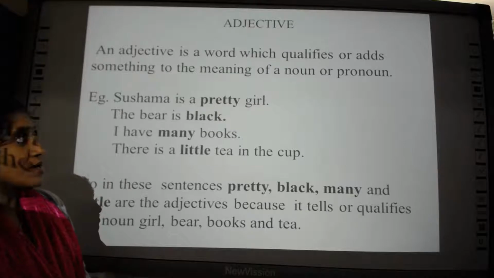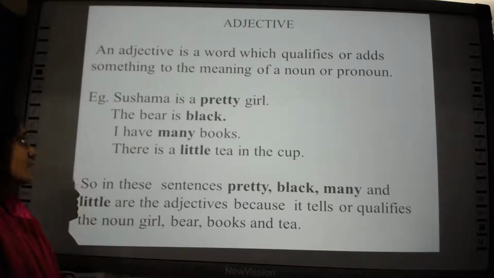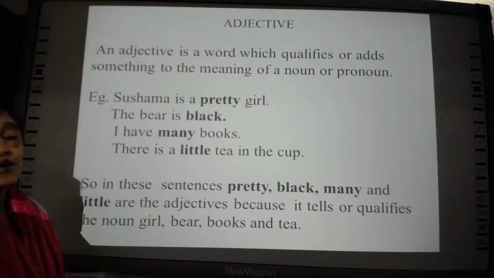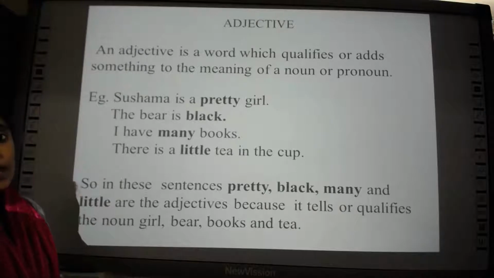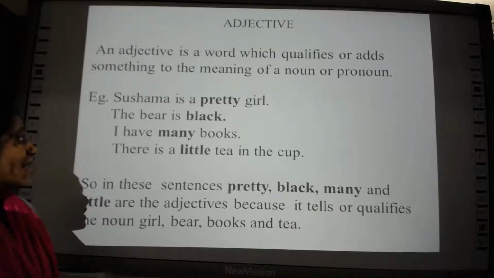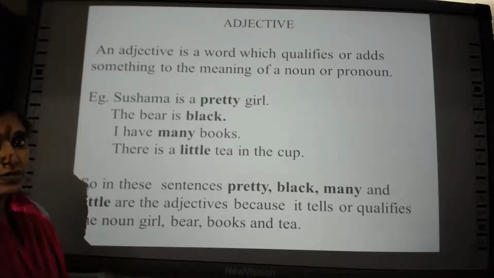So, for example, I have given a few examples. You can see it on the board. Sushma is a pretty girl. The bear is black. I have many books. There is a little tea in the cup.